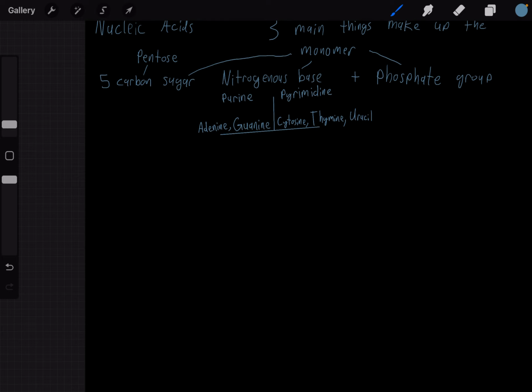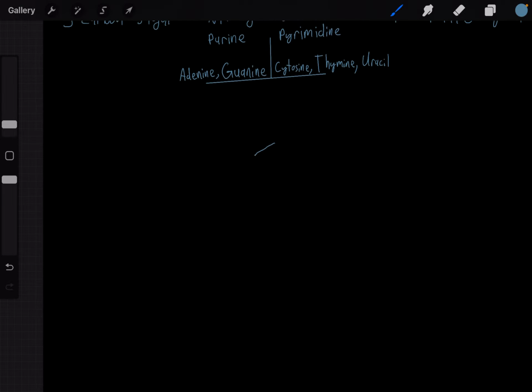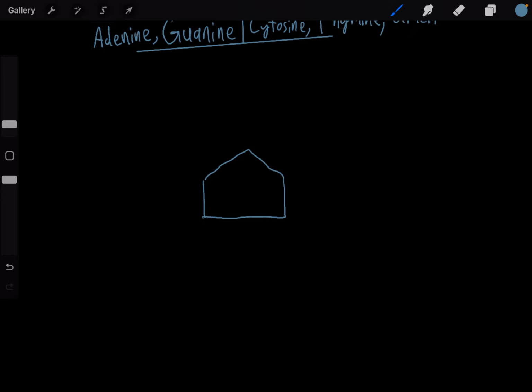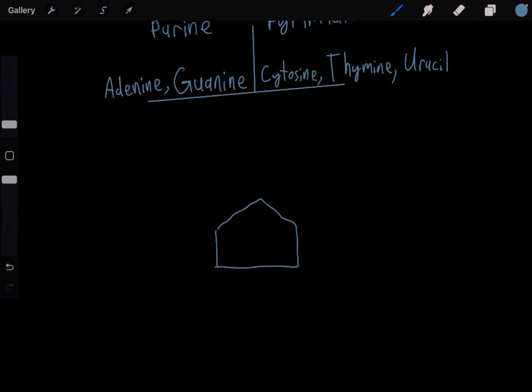Now, that is the monomer. It's made out of a 5 carbon sugar, nitrogenous base, and a phosphate group. So this is a 5 carbon sugar.